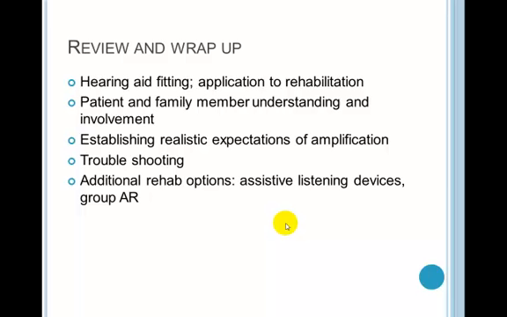They acknowledge it. They know that they're having difficulty that's affecting different areas of their life and relationships, and they're motivated. Also, additional rehab options in addition to hearing aids would be assistive listening devices and group aural rehab versus one-on-one counseling, and we'll be talking about that at length as we go.